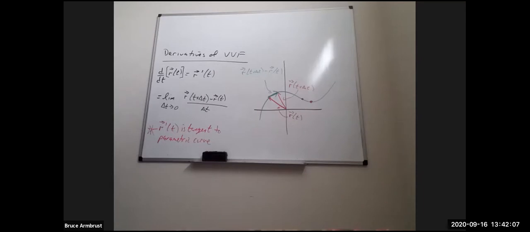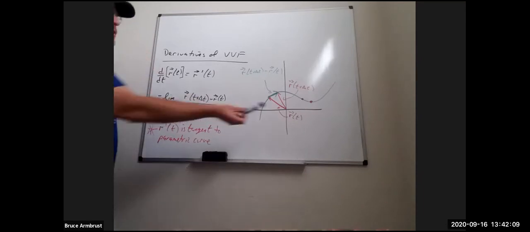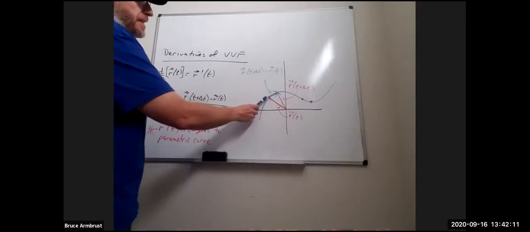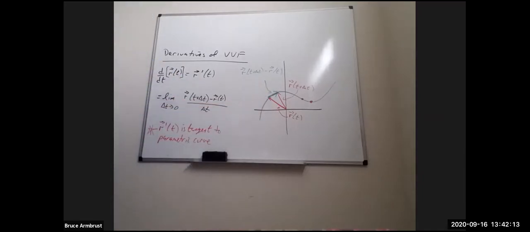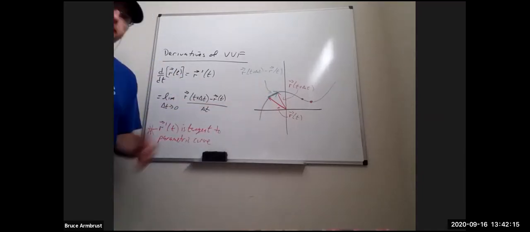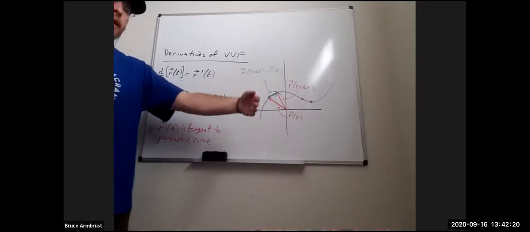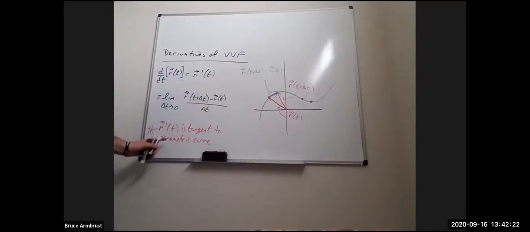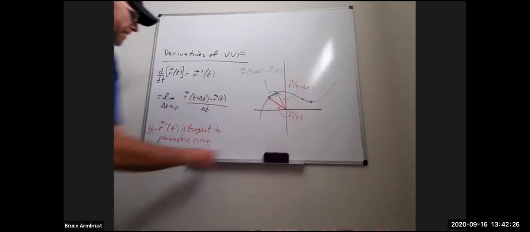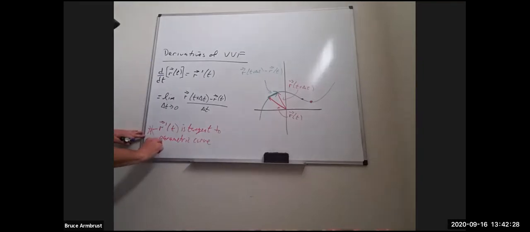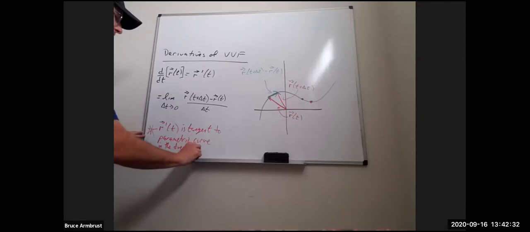And we can, because if you think about how this was constructed with the subtraction, it's always pointing towards the t plus delta t. And t plus delta t is somewhere next, right? It's somewhere coming up. So not only is it tangent to the parametric curve, but I'm going to put here in the direction of greater t.